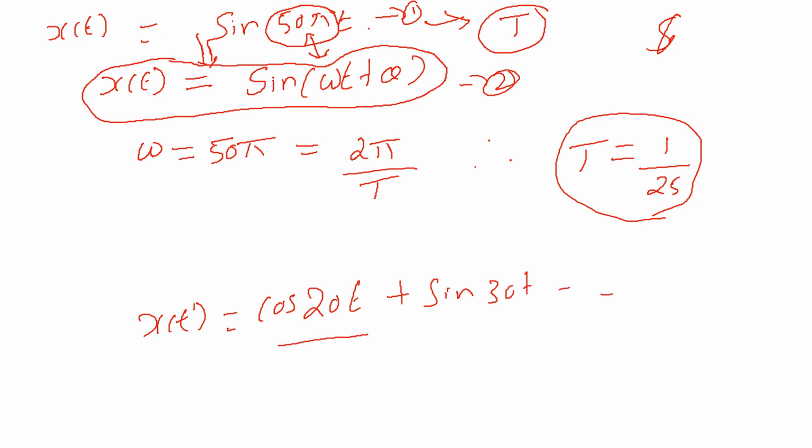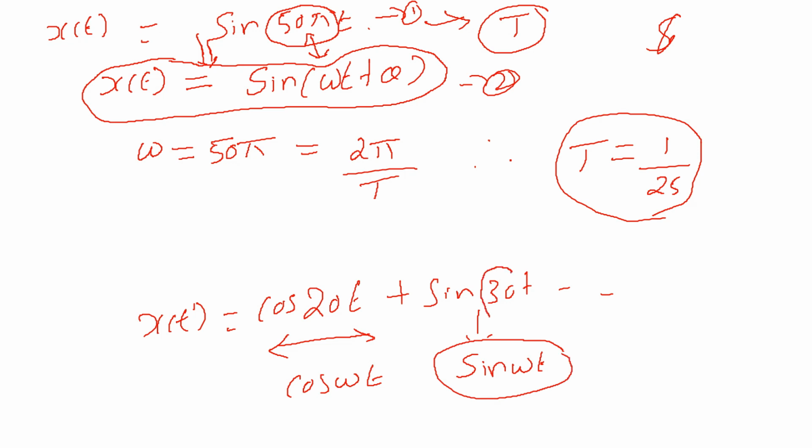So what I have to observe is this particular signal's general form will be something like this, cos of omega t. This particular signal's general form will be sine of omega t. Since I know the general form of a sinusoidal signal, I can observe omega just by equating the terms. Omega is nothing but 30 in this case, and in this particular case omega is nothing but 20, and so on. Okay, so with this we shall wind up this particular small class.